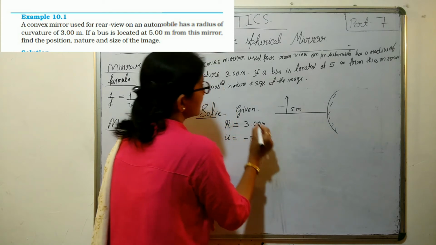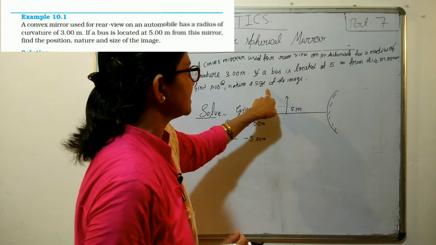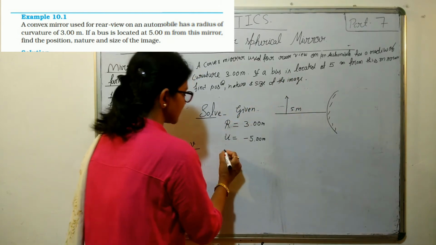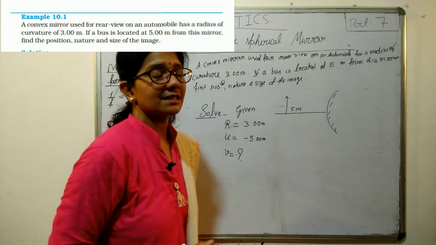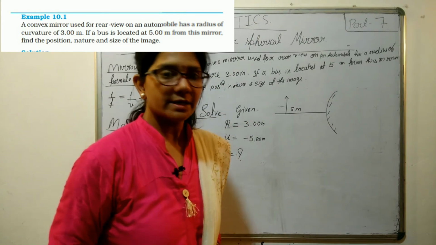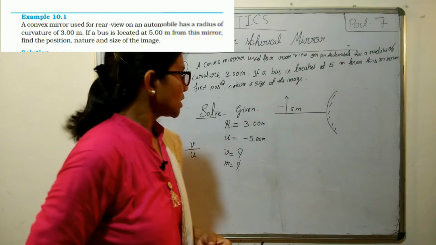Then find the position, nature and size of the image. What is it asking? It is asking V. Nature means it is asking whether it is virtual or real, and size means the magnification.